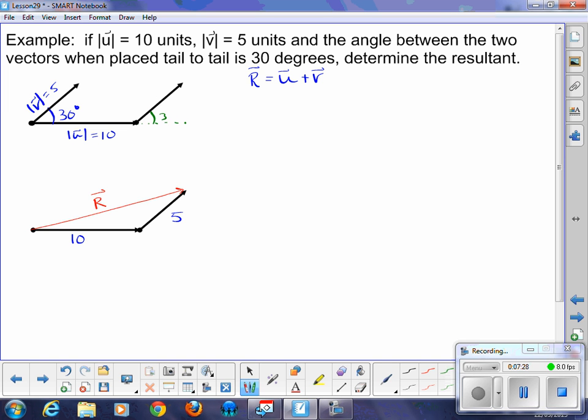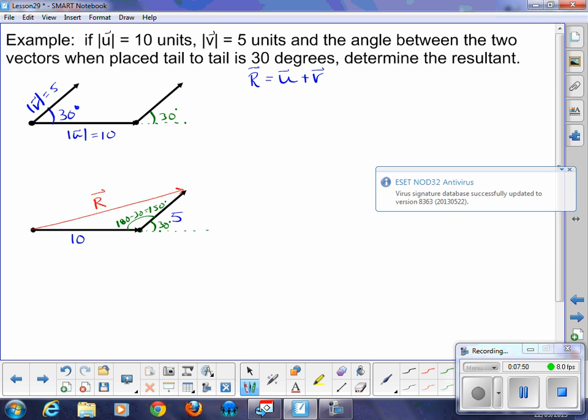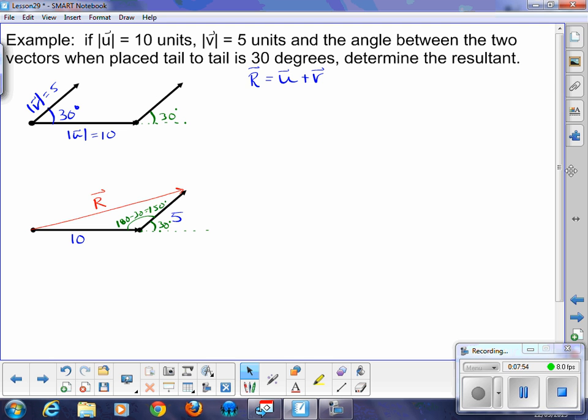So this stayed 30 degrees, which means when we go down to the picture below, because we just slid that down, that's 30 degrees. If that's 30 degrees, then the angle inside the triangle will be 180 minus 30, so that's 150 degrees. All right, so now we have an interior angle and we have two sides.